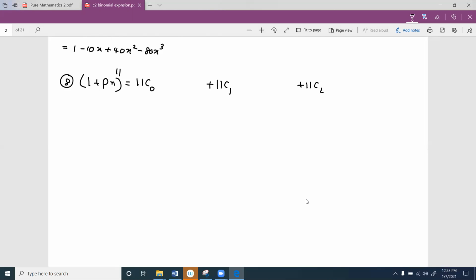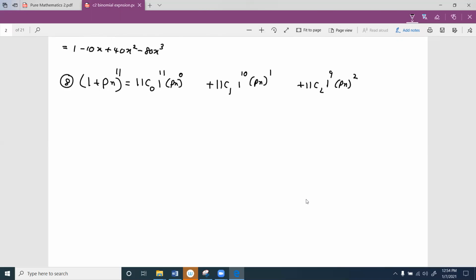For ascending power of x, the powers of the other term should descend, starting from the highest. Then px to the power 0, px to the power 1, px to the power 2. Right? Okay.